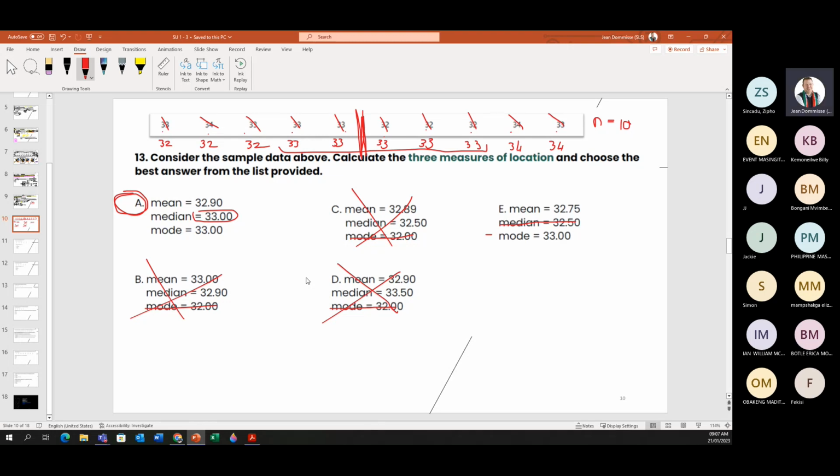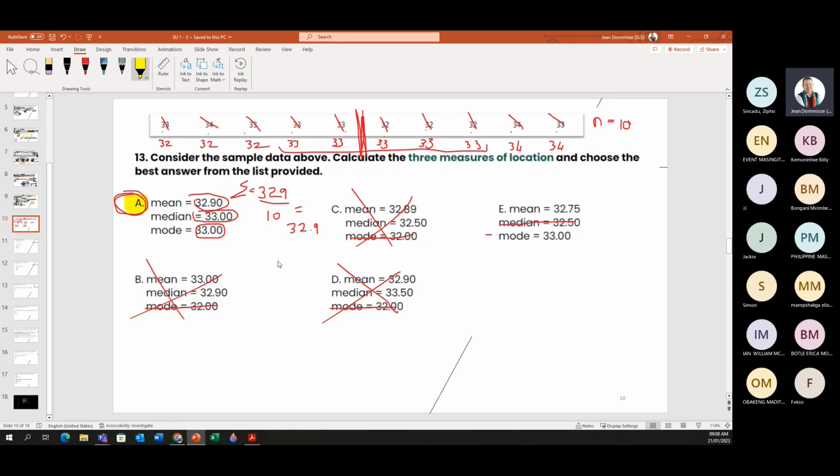I'm getting the sum of those values is 329. If I divide it by 10, I get 32.9, which was also correct in any case. So all 3 of them are correct, giving you the correct option.